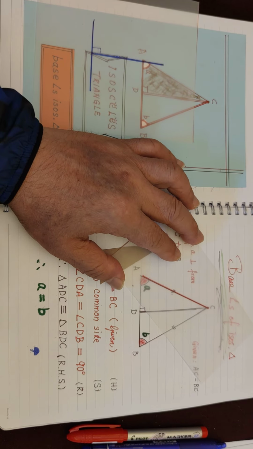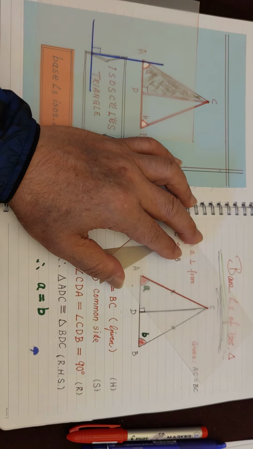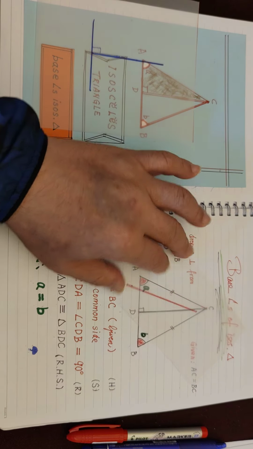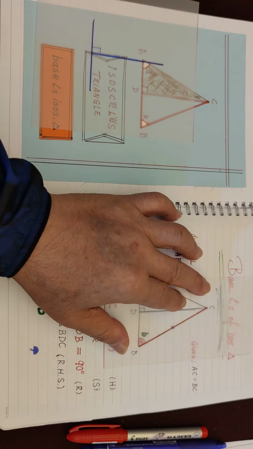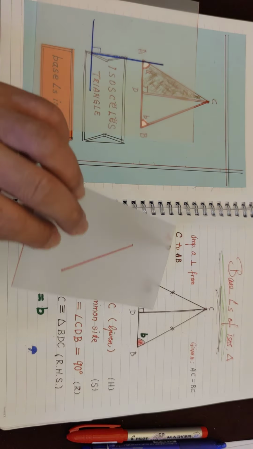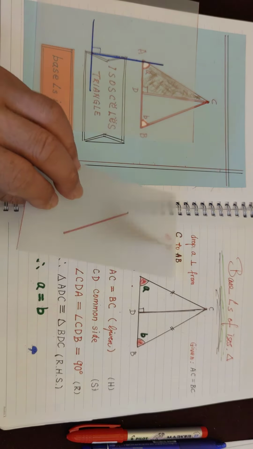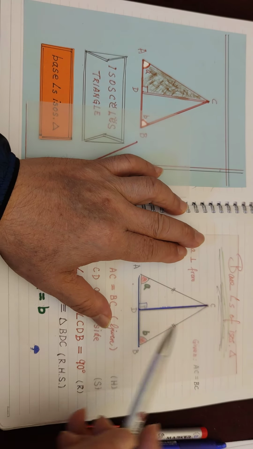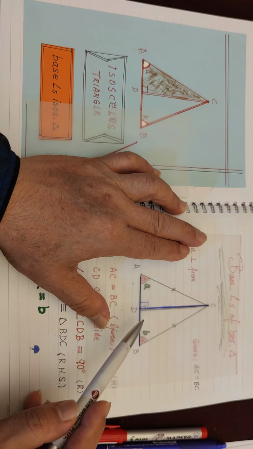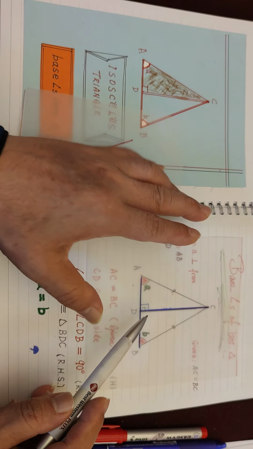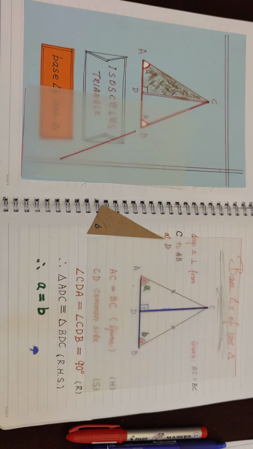Here we see in this figure the two arms CA and CB are equal in measure. And if we drop a perpendicular from C to AB, then we have here a 90 degree, a right angle.